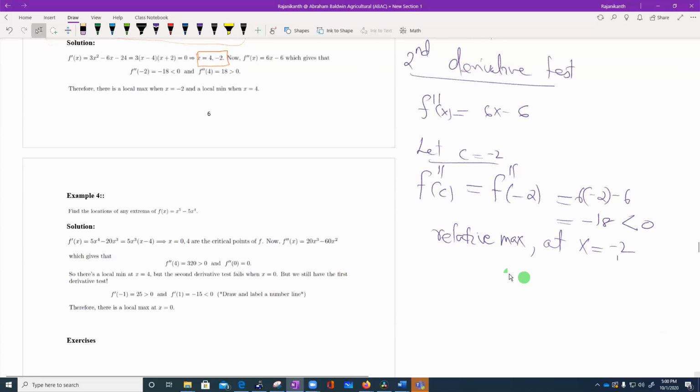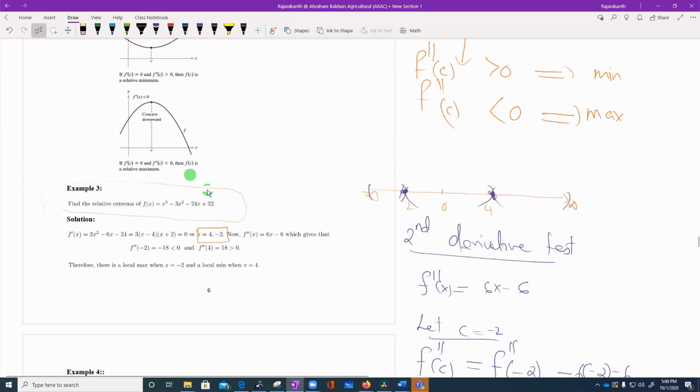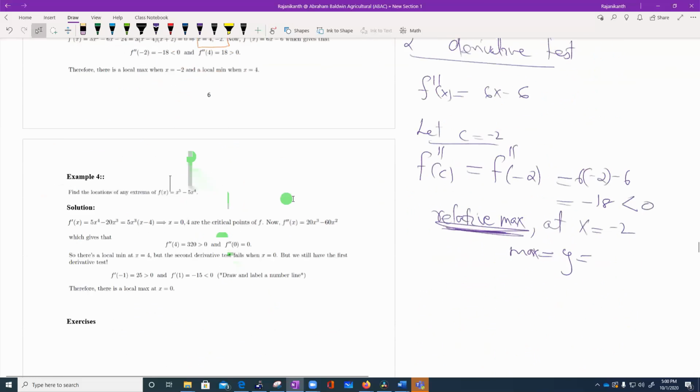But how do you find the function value? What was the maximum value? To find the maximum value, you have to use the function value, simply plugging this critical value into the original function. Our original function is this, no confusion. Use the original function and plug in that value.